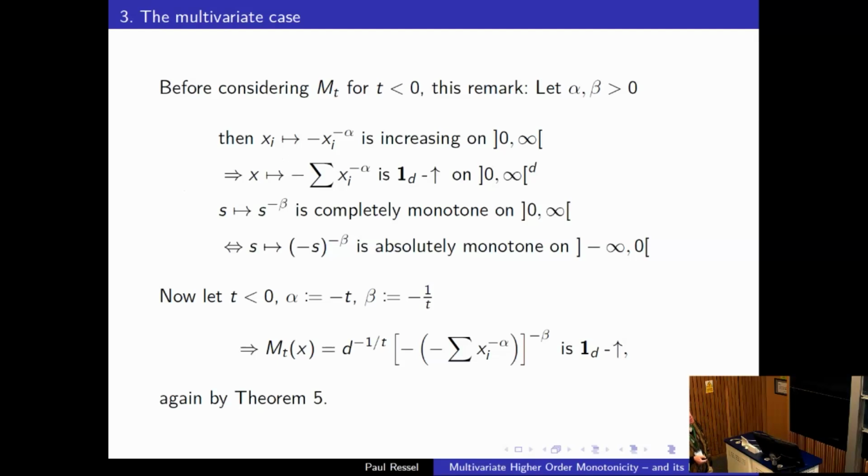That means that minus s to the minus beta is absolutely monotone on the left half line. And now let t be negative, put alpha equal minus t and beta equal minus 1 over t. Then M_t(x) is, up to a constant, the composition of this one with minus something to the power minus beta. And so by theorem 5, it is a distribution function and d-increasing.